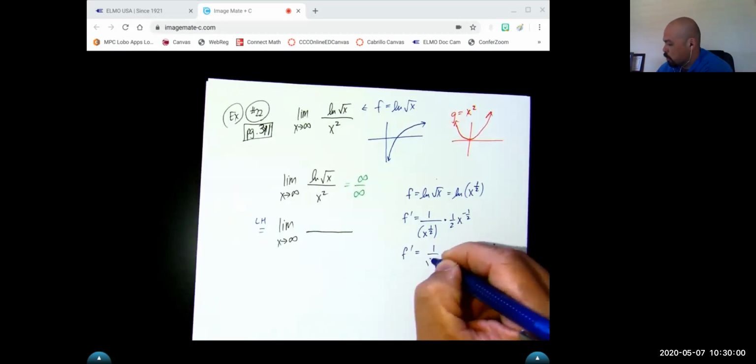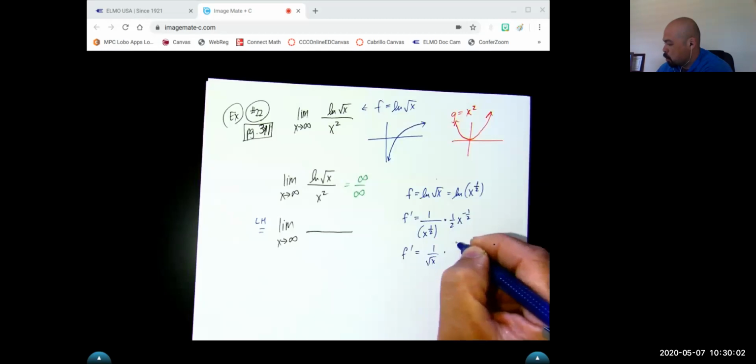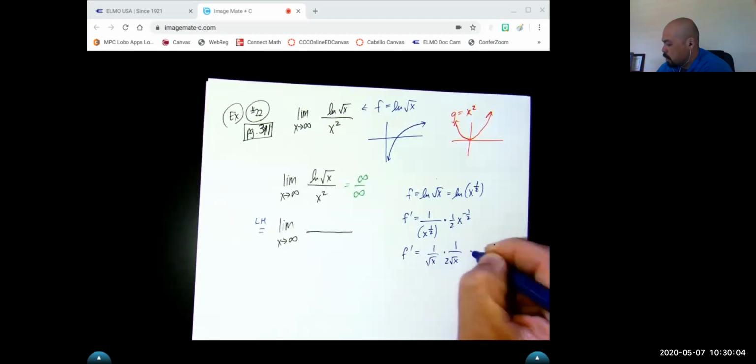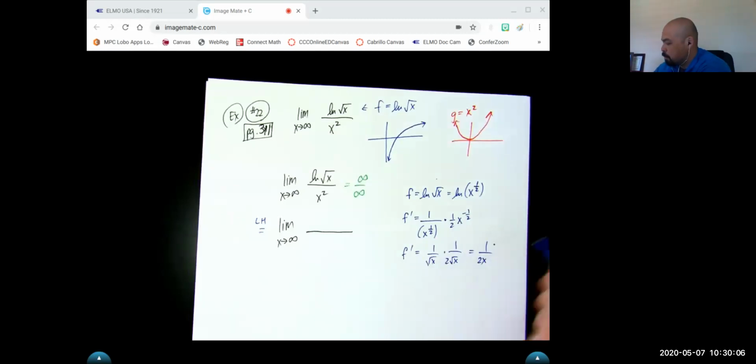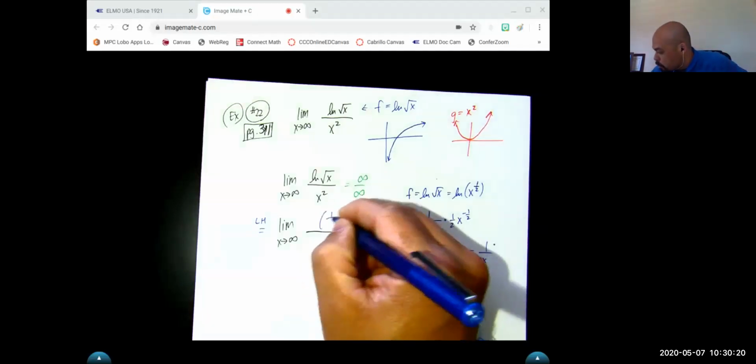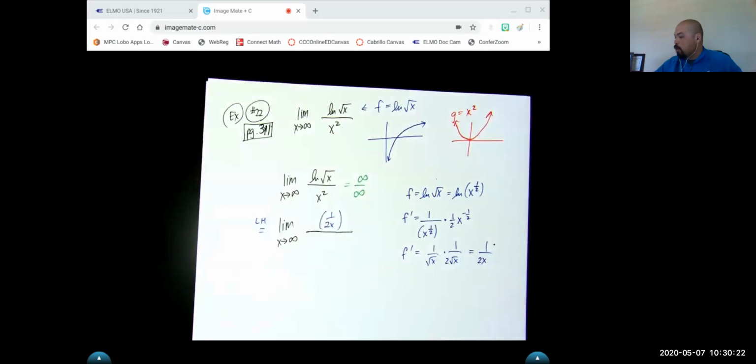So that f prime is 1 over root x times 1 over 2 root x, multiplying across, 1 over 2x. So that's what's going on in that numerator.